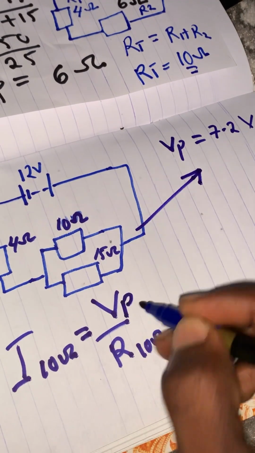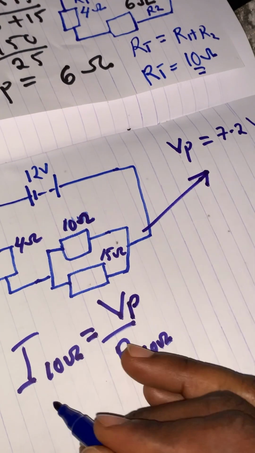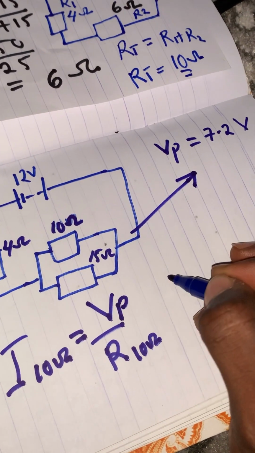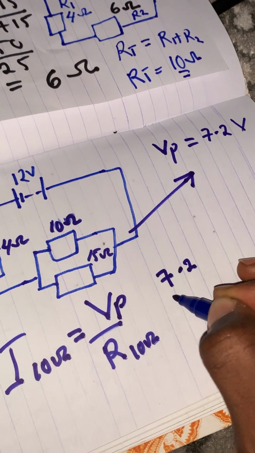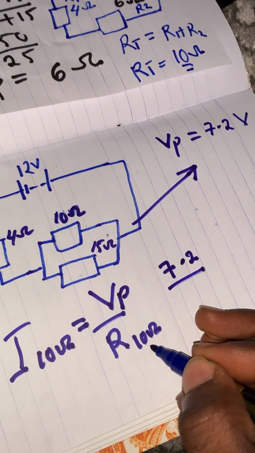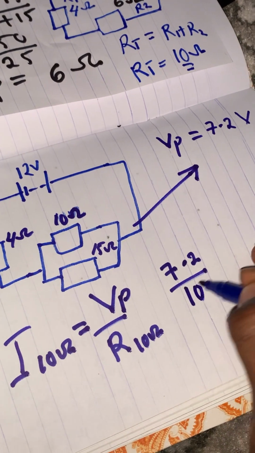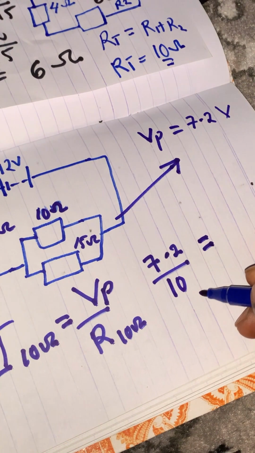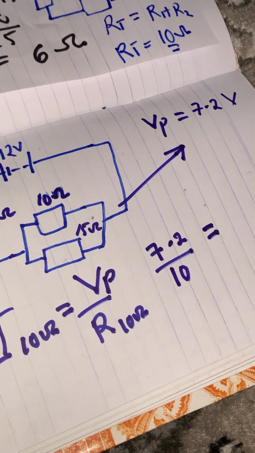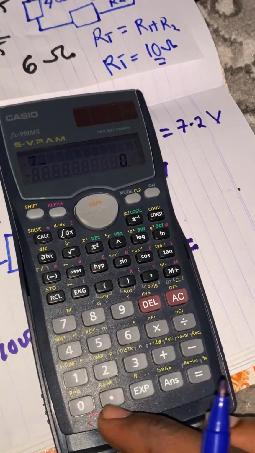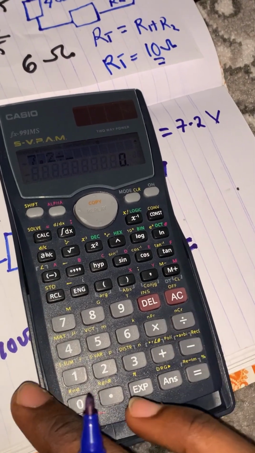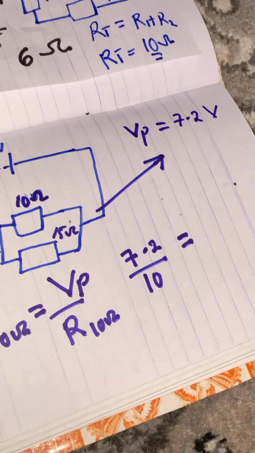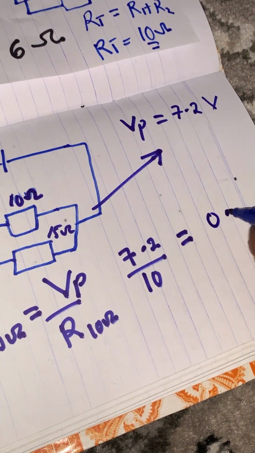So this would be the voltage V. And now I under 10 ohm would be the parallel voltage 7.2 divided by the R under 10 ohm, which is 10 ohm. The current would be 7.2 divided by 10, and this will give us the value of 0.72 ampere.